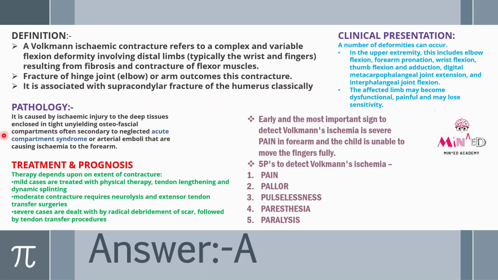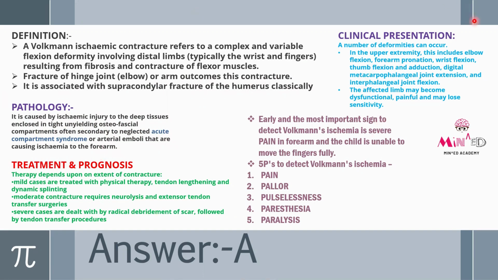Now we'll go for pathology. It is caused by ischemic injuries to the deep tissue enclosed in tight, unyielding osteofascial compartments, often secondary to neglected acute compartment syndrome or arterial emboli that cause ischemia to the forearm.